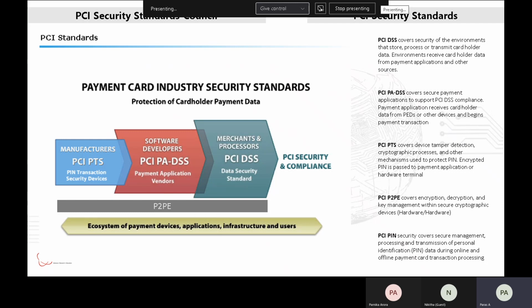PCI DSS, the PCI Data Security Standard, is for the organization environment, wherein it does not only focus on the application, it does not only focus on the network, it does not only focus on the user, but rather it focuses on everything which has to do with the security of the card data.